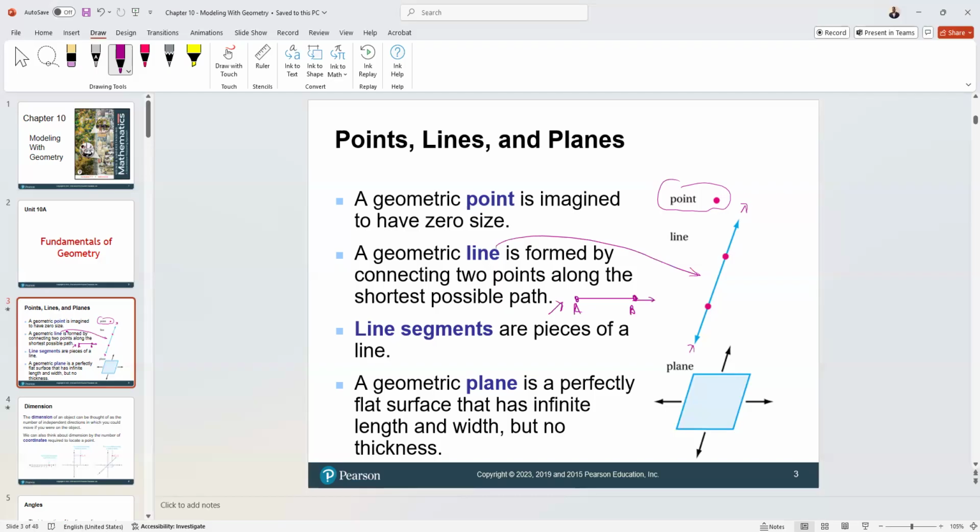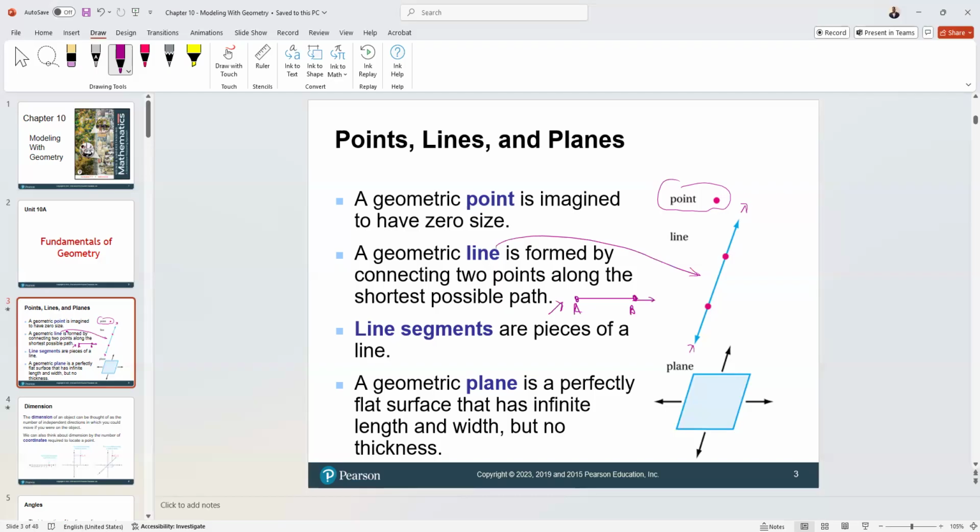A geometric plane, that's the last one, is a perfectly flat surface that has infinite length and width, but no thickness. A smooth tabletop is a good approximation to a portion of a plane. So we have different ways of seeing things.